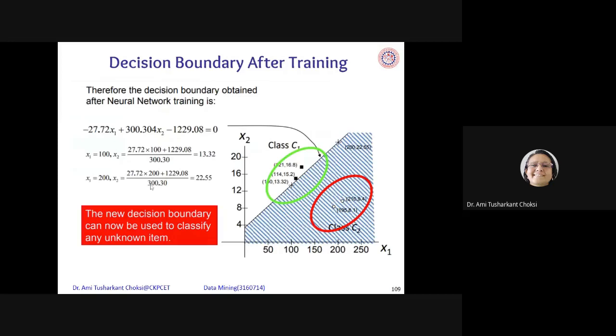After giving all the data for training, no more samples are left, so we stop training because all the data points have been given. Now we apply the same x1 equal to 100 and x1 equal to 200, find x2, put the points, and check whether the decision boundary is able to classify the classes as linearly separable or not. And now we are getting that.